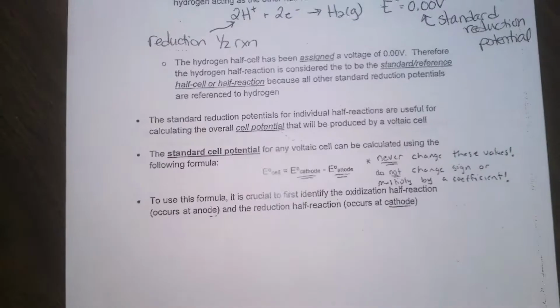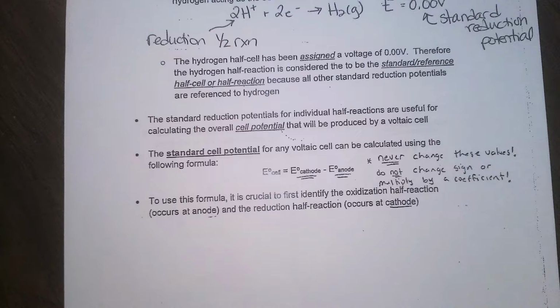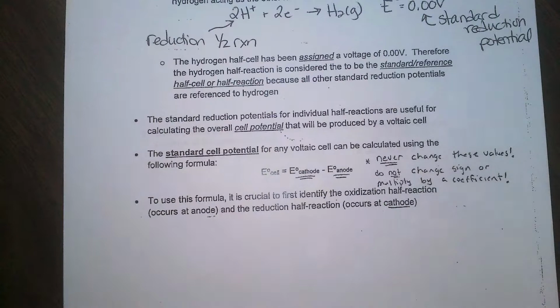In order to figure out the standard cell potential, we can look at the cathode minus the anode. Always. It doesn't switch up. You can't switch them. You can't change and do anode minus cathode. You also cannot change the sign.